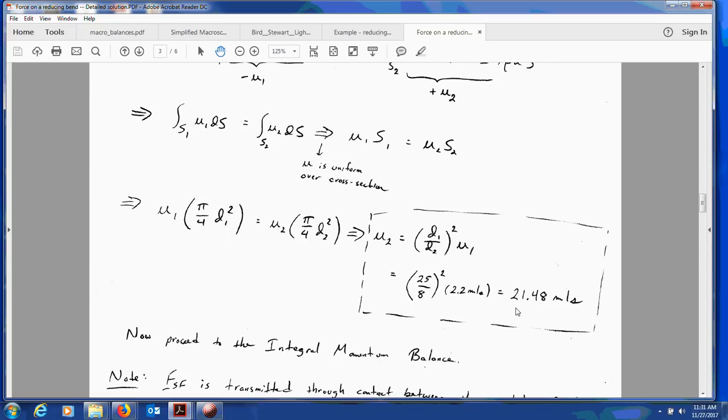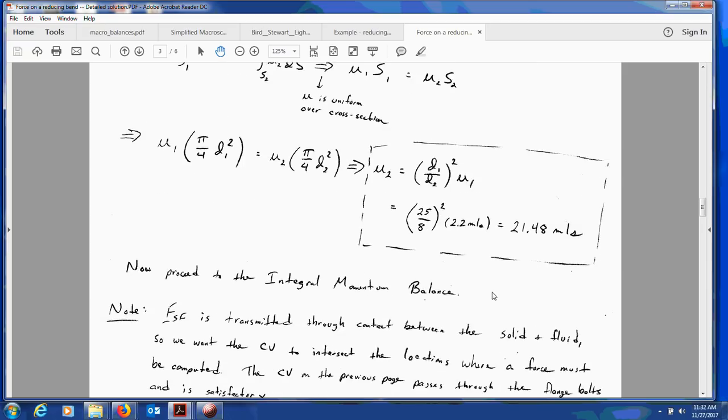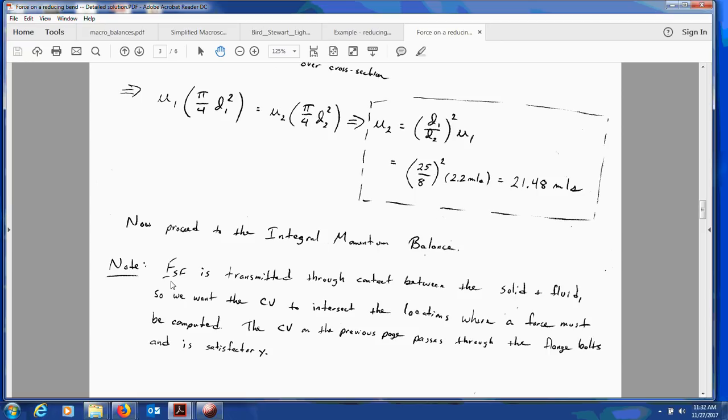With u2 now computed, we know the velocity and pressure at both positions 1 and 2, where we have inlets and outlets into the system, and so we can then proceed to the integral momentum balance to actually solve for the force that the flange bolts exert on the system. And as I mentioned previously, the FSF, the force of the solid on the fluid, is transmitted through contact between the solid and fluid.